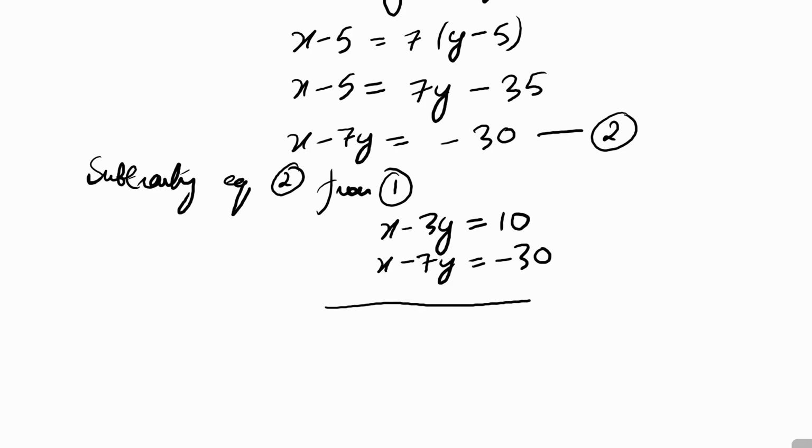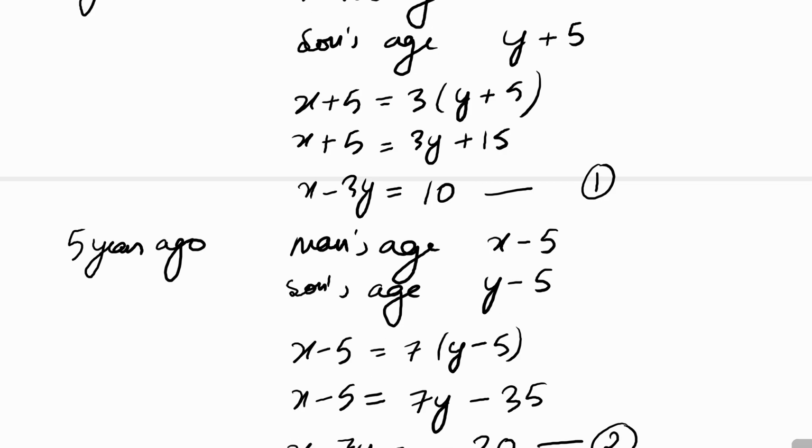So we will subtract them. Minus plus plus. These both will cancel out. This will become 4y and this will become 40. So y is equal to 10. That means the son's age is 10 years.